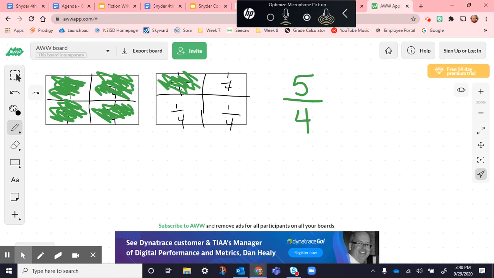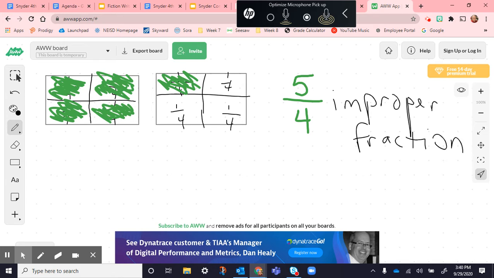So this is called an improper fraction. An improper fraction is when you have a numerator that is greater than the denominator. So the numerator, my 5, is larger than my 4, the denominator.